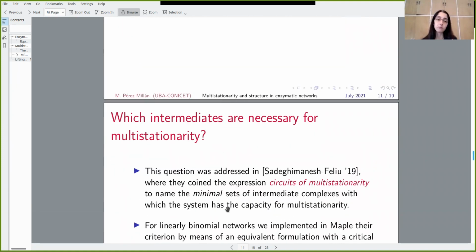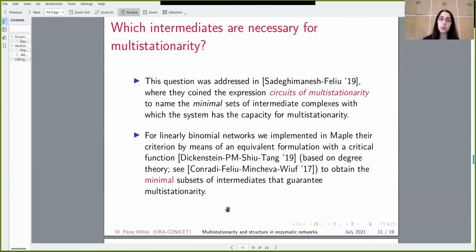And for linearly binomial networks, we implemented in Maple their criterion, but with an equivalent formulation, with a critical function that we had already defined in a previous work with Alicia and Xu and Xiaoshan Tang. And it's also based on degree theory from this other work from these four authors. And we do this to obtain the minimal subsets of intermediates that guarantee multistationarity.